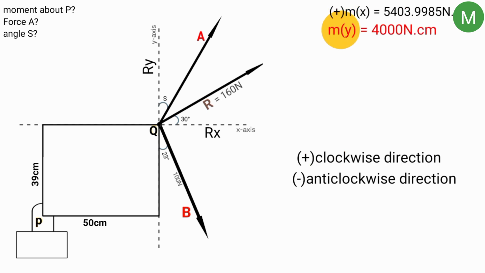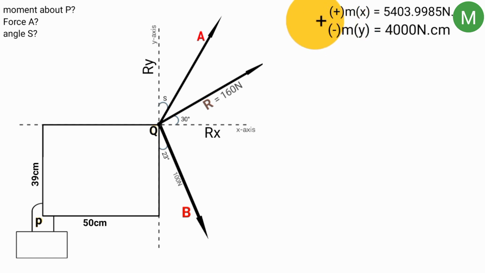Coming back to the moment caused by the y component, on the same line of force, this force here is the same as the force acting here. And any force acting here will cause a rotation in this direction, which is the anticlockwise direction. And the anticlockwise direction we have here is negative, and hence moment of y has a negative sign.